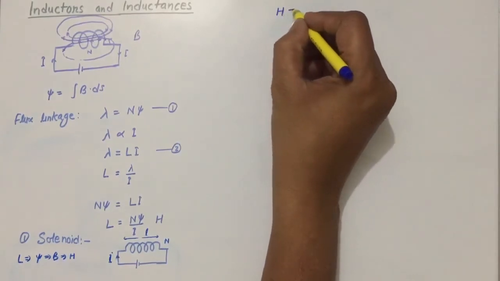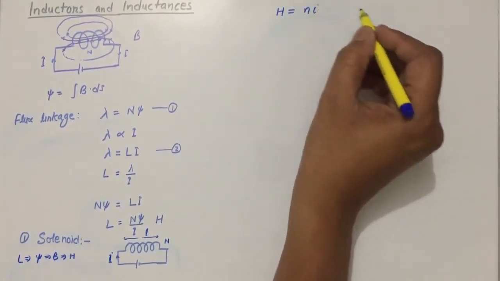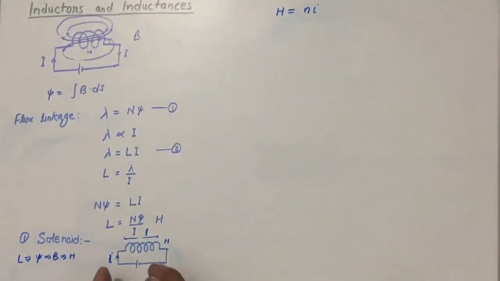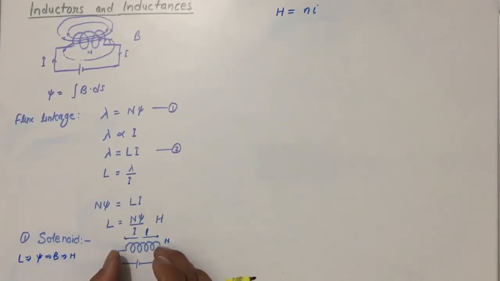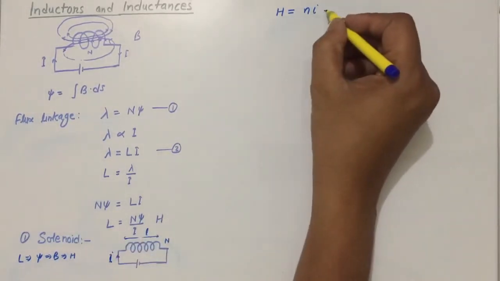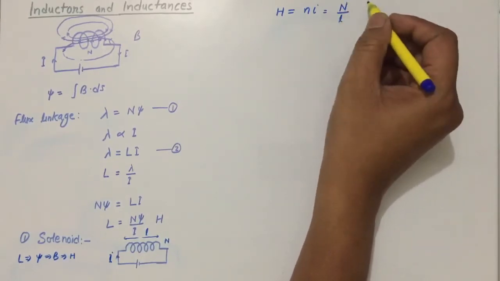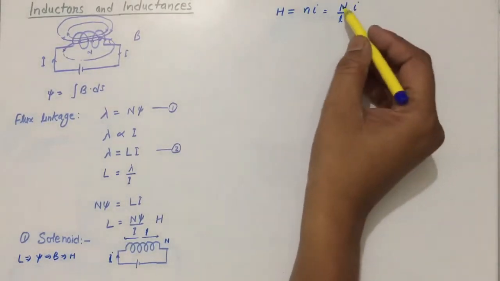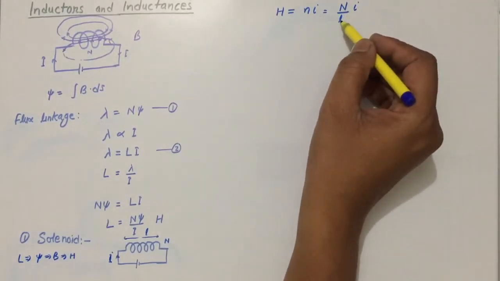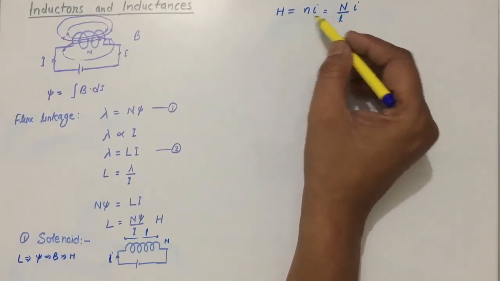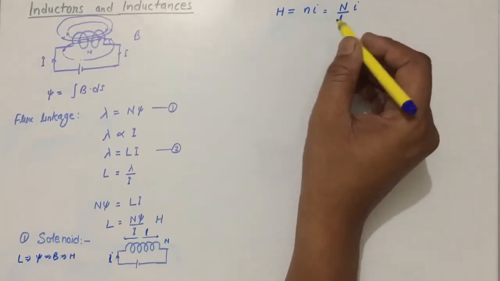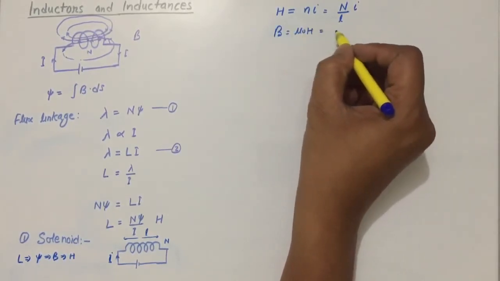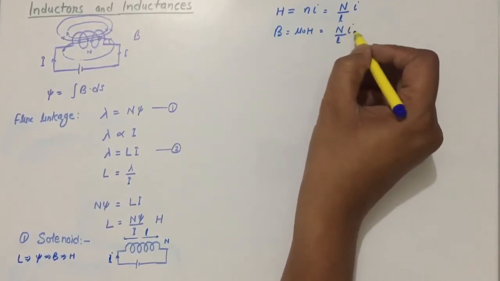Then we can write H is equal to n times I, where n is the total number of turns per unit length. Where N is the total number of turns and L is the length of the solenoid, then H can be written as N by L times I, and B can be written as mu naught H, that is N by L I mu naught.